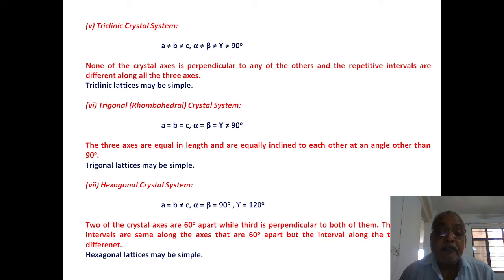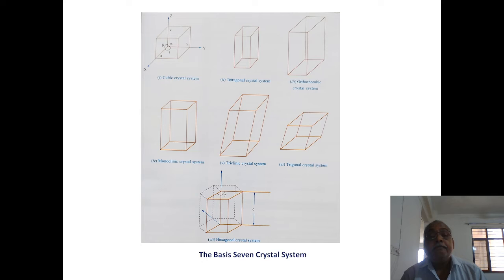The repetitive interval is the same along the two axes that are 60 apart, but the interval along the third axis is different. और ये हेक्सागोनल लेटिस से भी हम सिंपल क्रिस्टल फॉर्म कर सकते हैं.